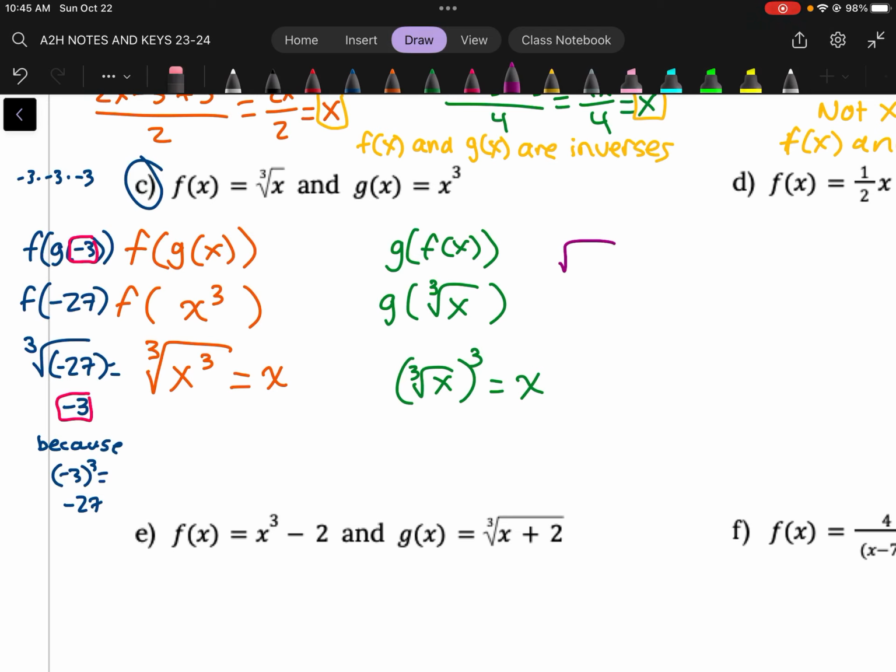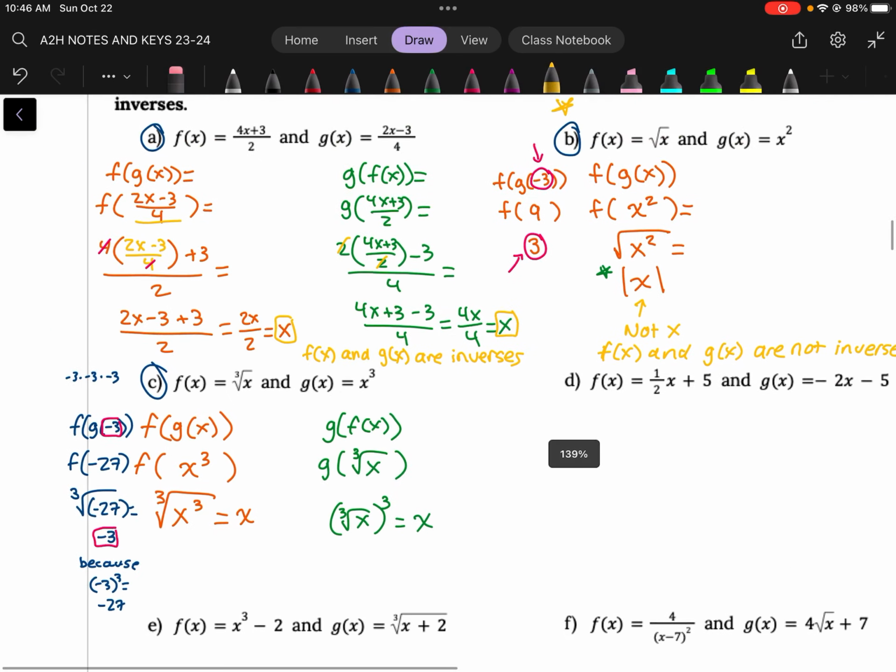Again, if you want to try a number, just to convince yourself, try the cube root of negative 64. That answer would be negative 4. And when you cube that, you're still going to get a negative because multiplying 3 negatives is going to give you negative 64. So it stays negative.